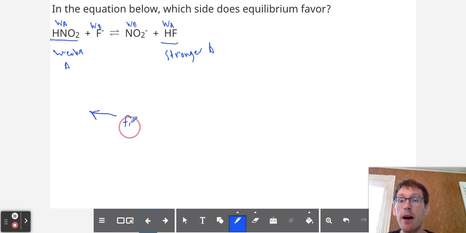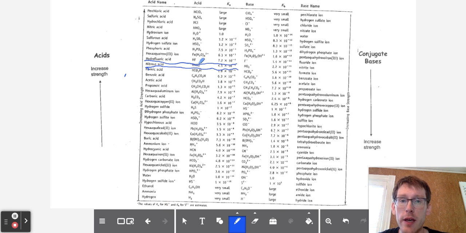Actually, if you wanted to, you could also look at the bases and you'd find that they correlate. So, for example, if we look at HF, its conjugate base is F minus, and notice that in relative terms, F minus is in the same position relative to the conjugate base of nitrous acid. The nitrite ion is a stronger base.